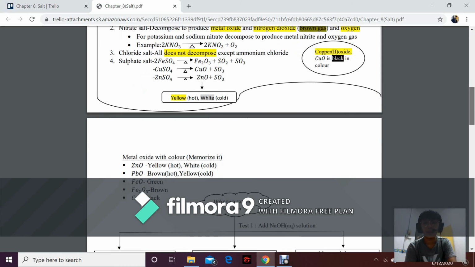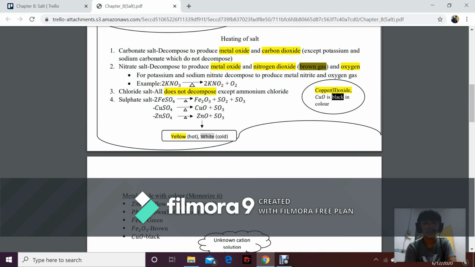Then if they say the heating of the salt produces sulfur trioxide gas, SO3, you will know the salt is copper 2 sulfate. So this is how you can analyze the salt.